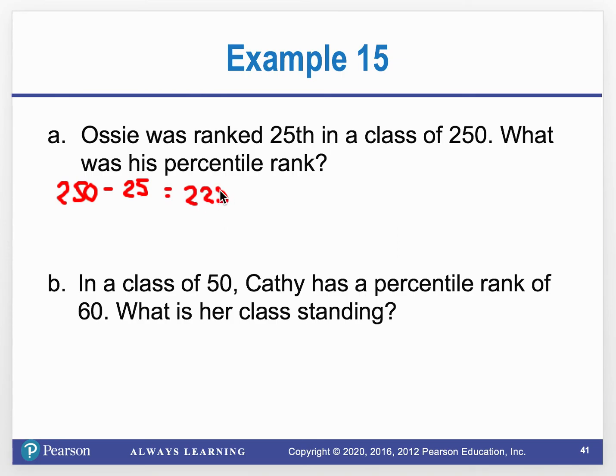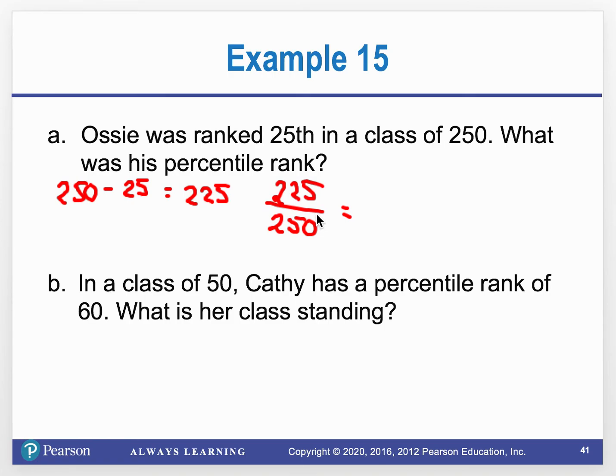If he was ranked 25th, the 25th best one, that means 225 people scored lower than him. That's what a percentile tells us. So I'm going to take 225 out of the total number of people.